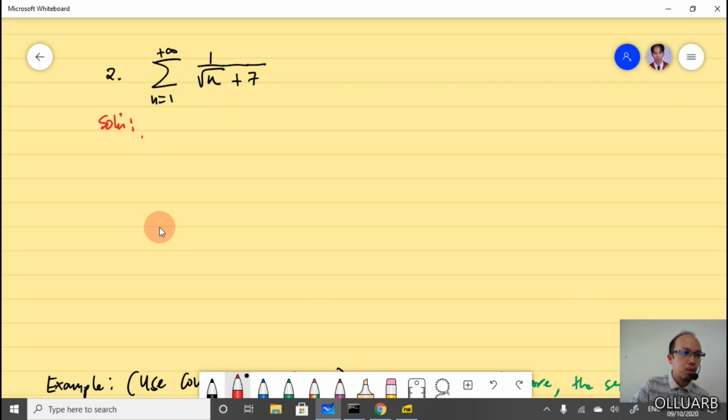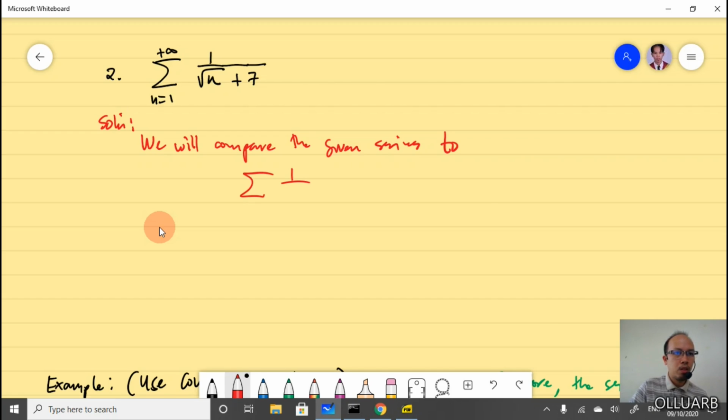We will compare the given series to the series summation of 1 over square root of n, n starts from 1 to positive infinity. This is a p series with p equal to 1/2.